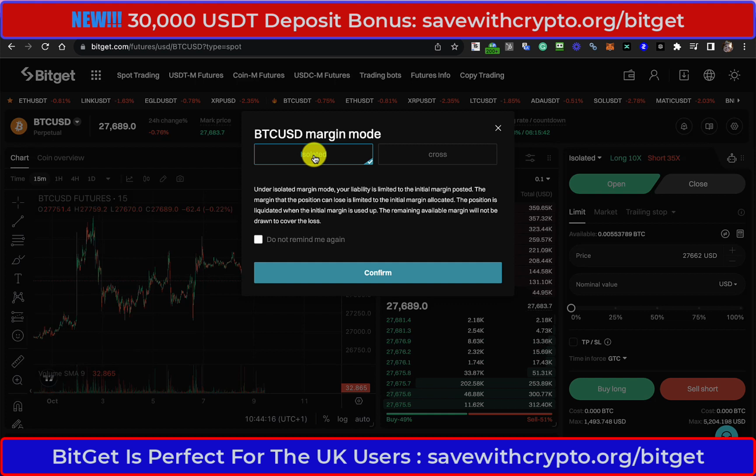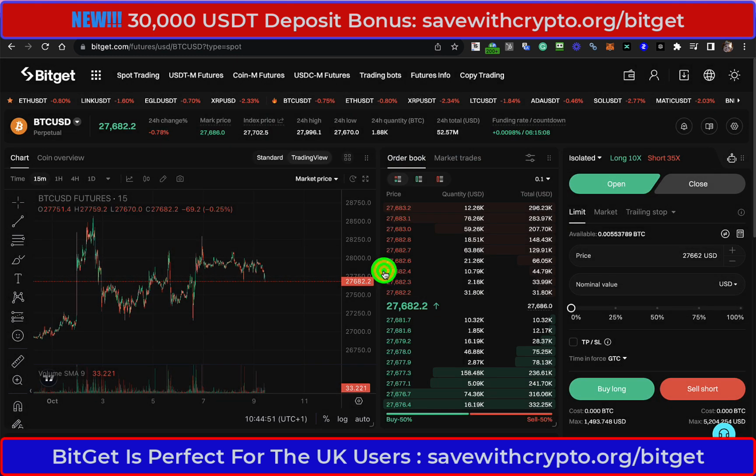Because with cross, if you've got multiple trades going on at the same time, and one gets into trouble and maybe it gets liquidated, it can liquidate your entire account and you lose all your money. It does mean you tend to not get liquidated as often, but when you do, you lose all your money. And obviously that's not the sort of thing we want to happen ever. And really, until you know what you're doing, I would use the isolated.